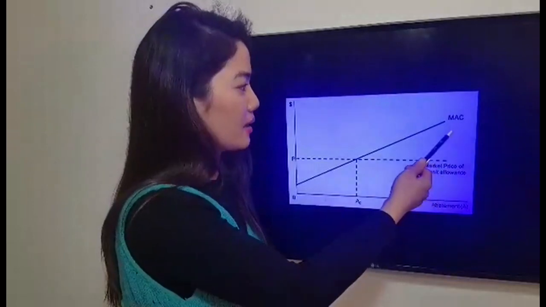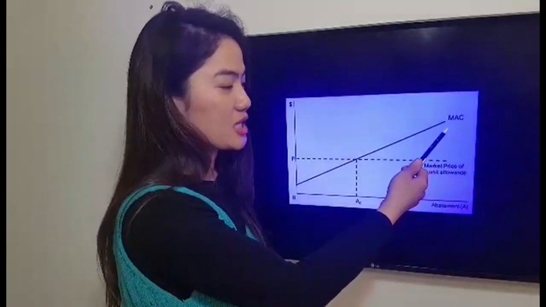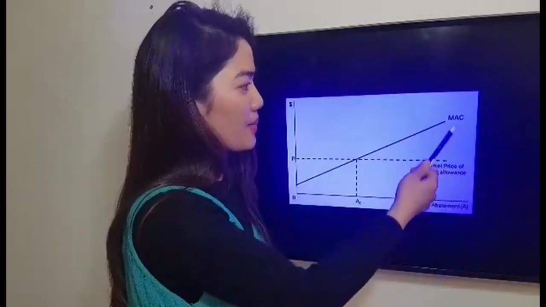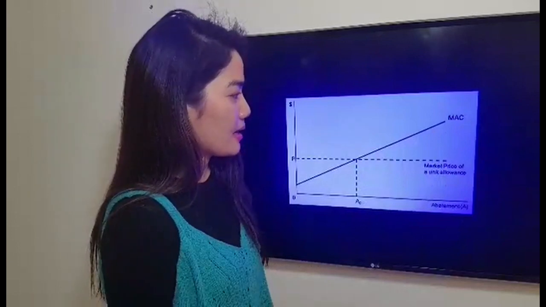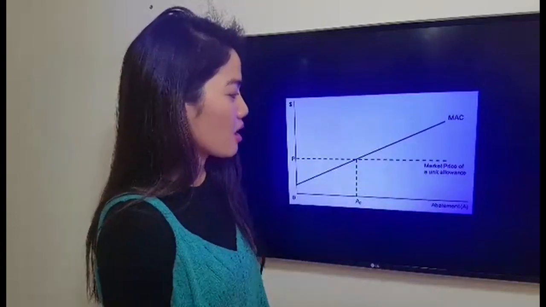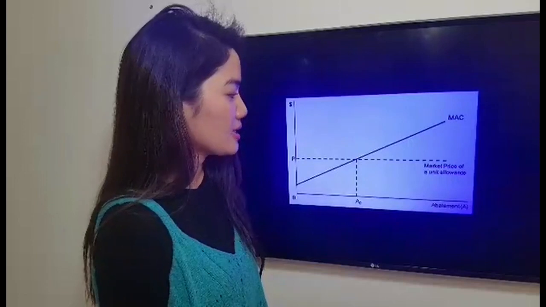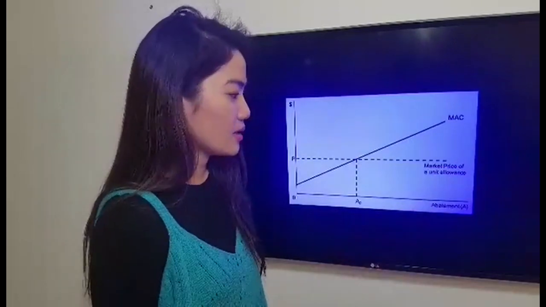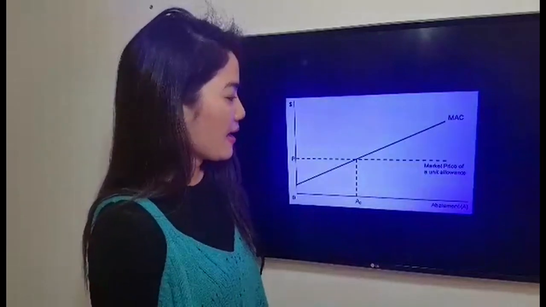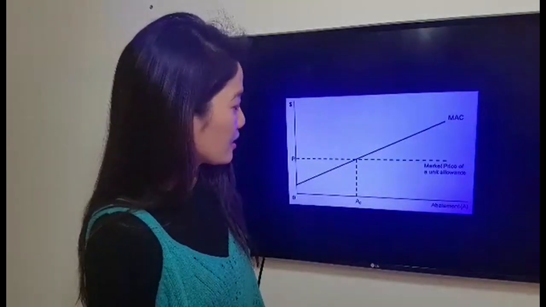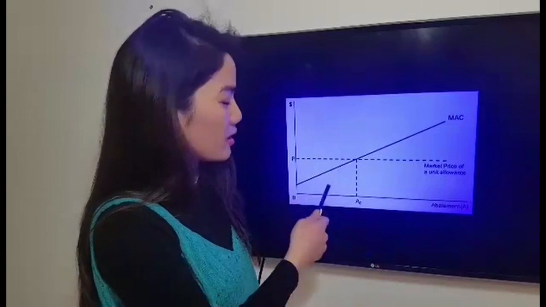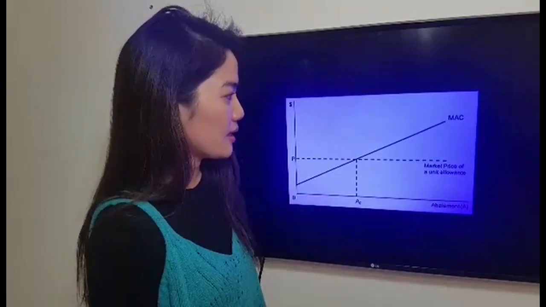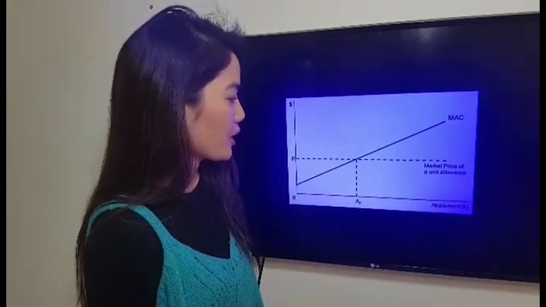The marginal abatement cost represents the change in costs associated with increasing the quantity of abatement. And we can see here there is trading between these two parties.